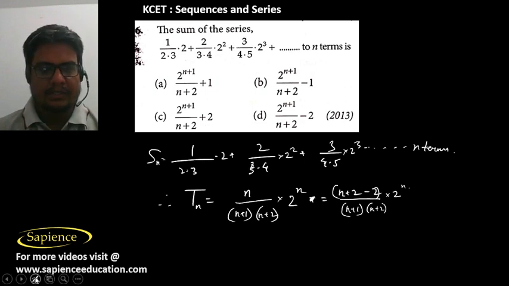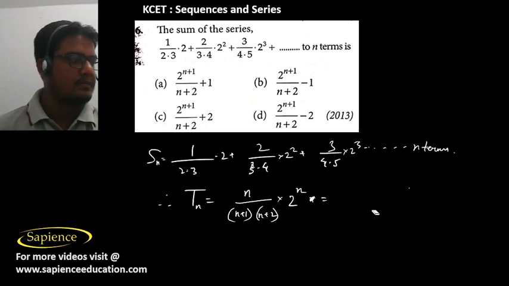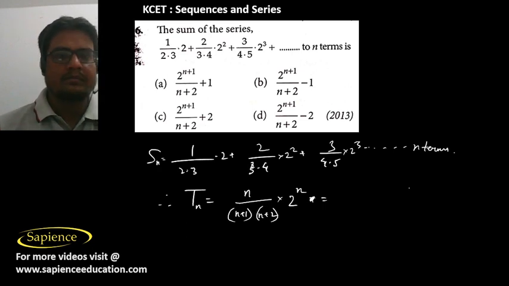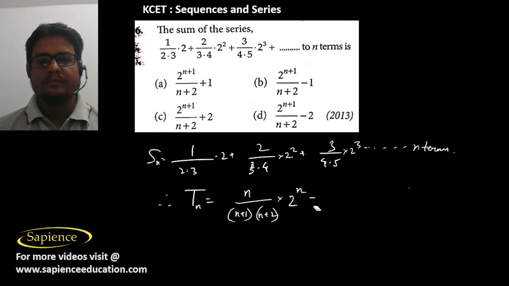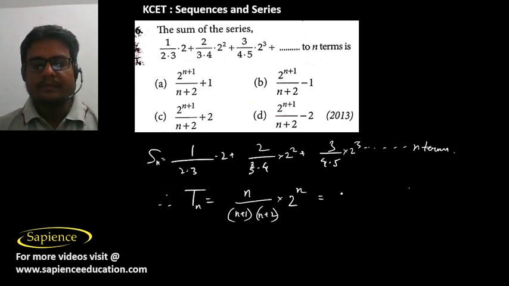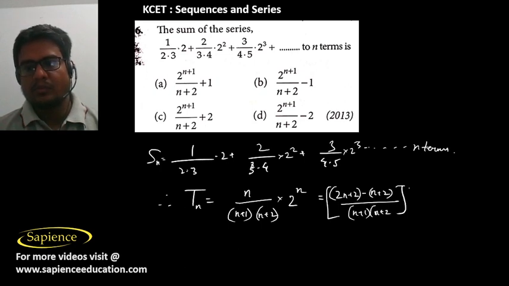Or we can write it as 2 into (n plus 1) minus (n plus 2) by (n plus 1) into (n plus 2) into 2 power n.